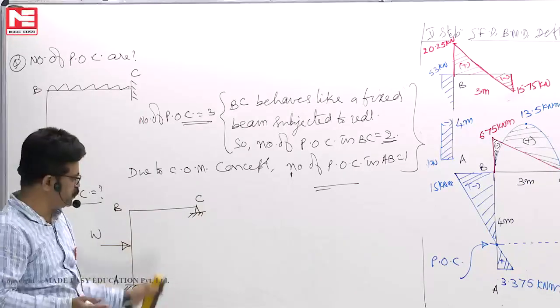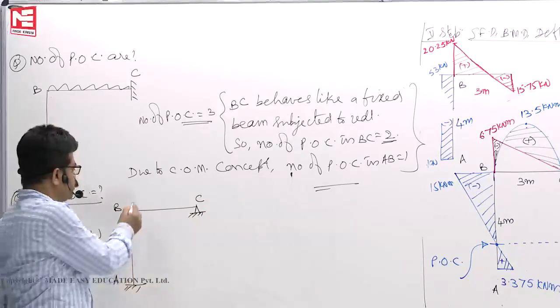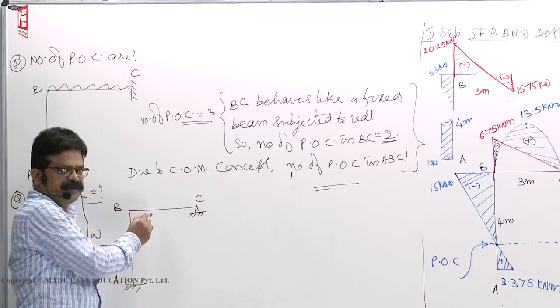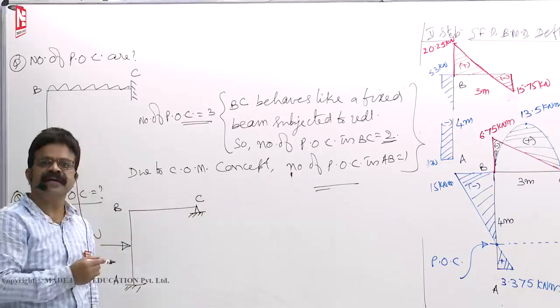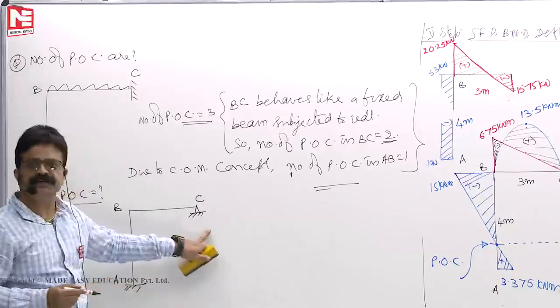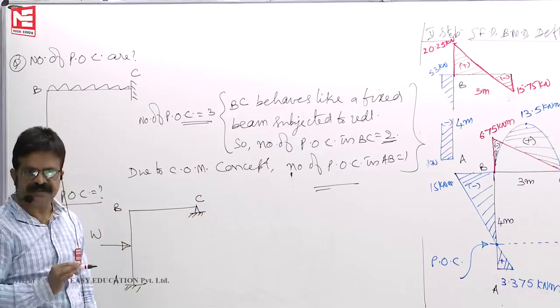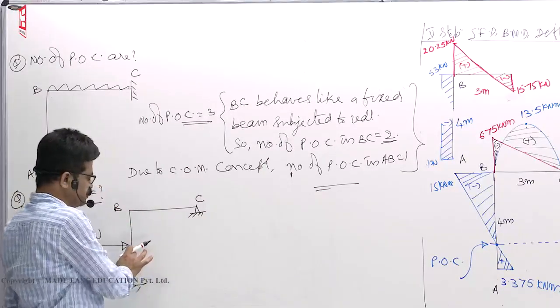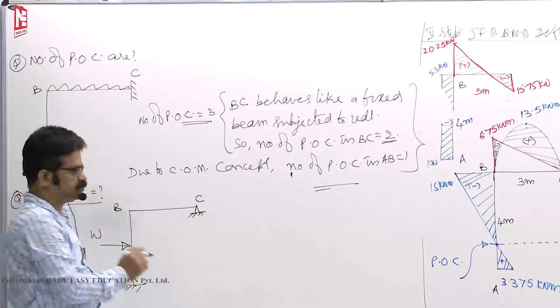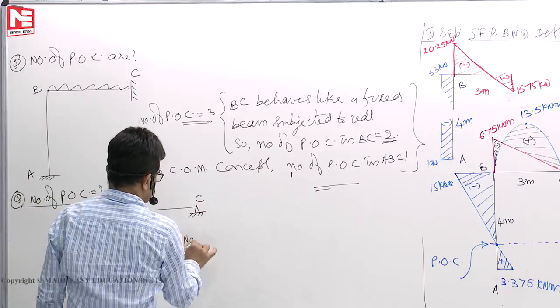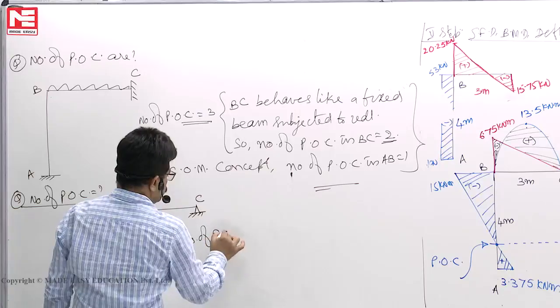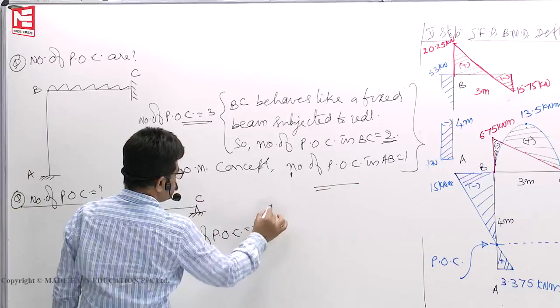We know number of POC are 2 here. Now whatever moment is at B, will half the moment be carried over? Since carryover moment is 0, no point of contraflexure in the member BC. So total number of POC are 2 plus 0. Number of POC is equal to 2.